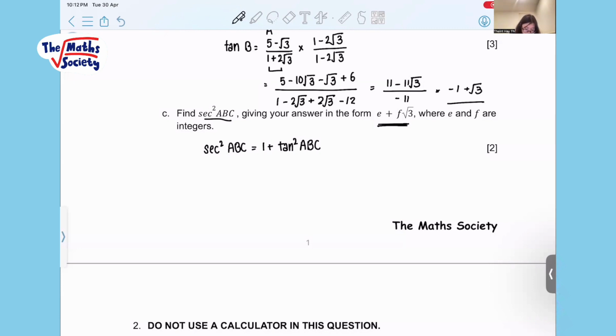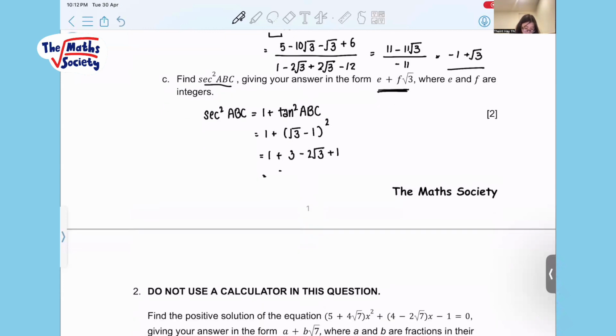So we can find it this way: 1 plus root 3 minus 1, the whole squared. So it'll be 1 plus root 3 squared, you just have 3, minus 2 root 3 plus 1. So you'll get 1 plus 3, which is 4, plus 1, which is 5, minus 2 root 3, and that is your sec square ABC.